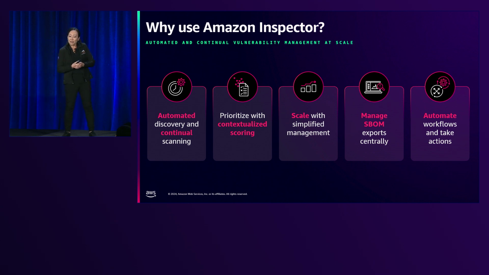And what about scaling out, right? Best of all, with Inspector, you can enable it in just one click across all of your AWS accounts within an AWS organization. And best of all, SBOM. Who's heard of SBOM? Yeah, SBOM stands for Software Bill of Materials. So you can manage your Software Bill of Materials list in a central location.